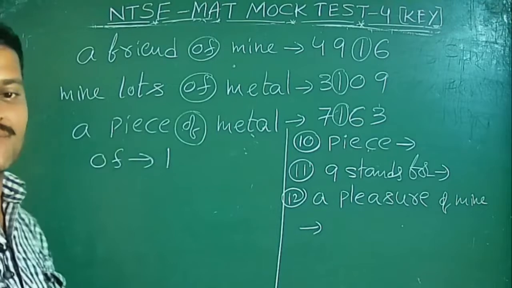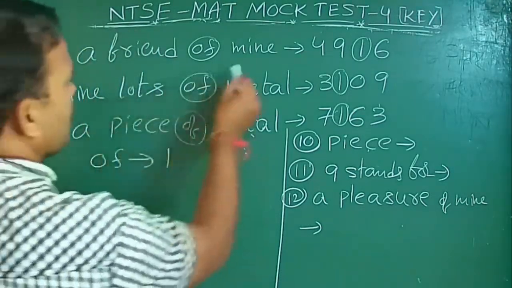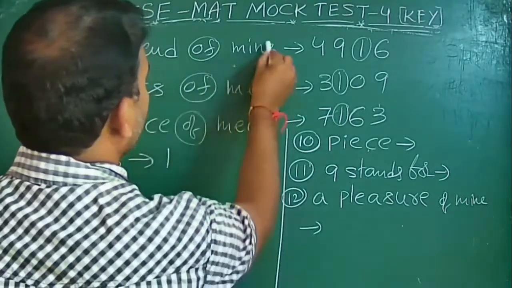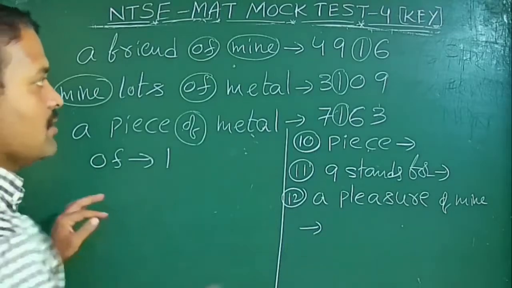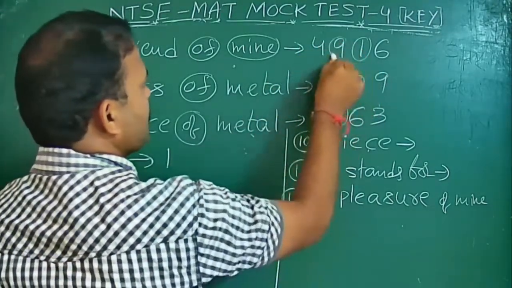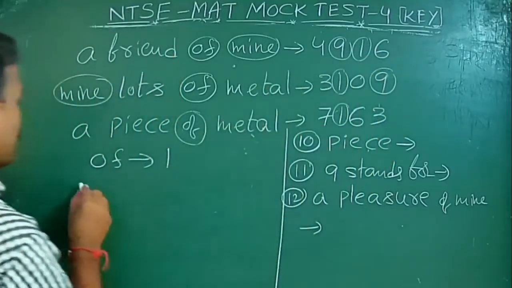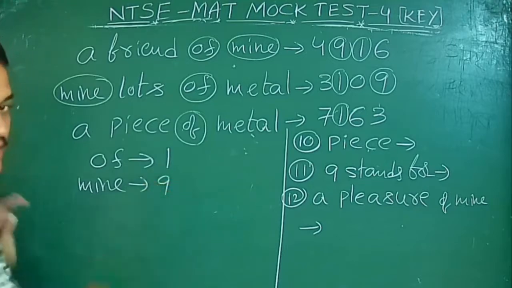Of code is 1. Similarly, next you need to check the first and second. Here 'mine' is repeated, no? In these 1 and 2, which number is repeated? 9 is repeated, no? So that's why the code of mine is 9.